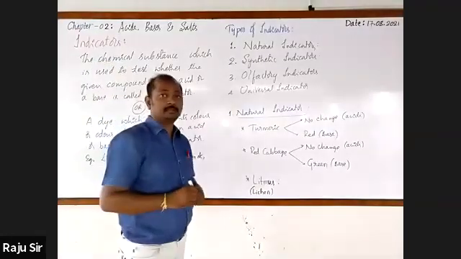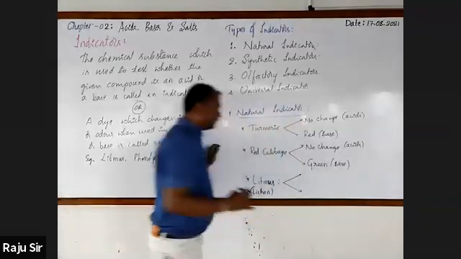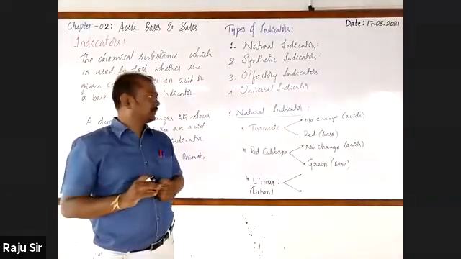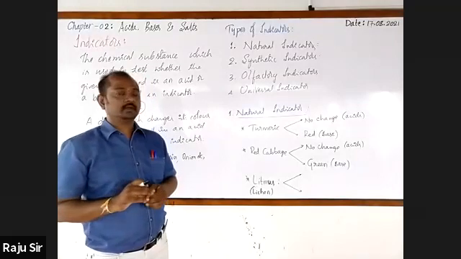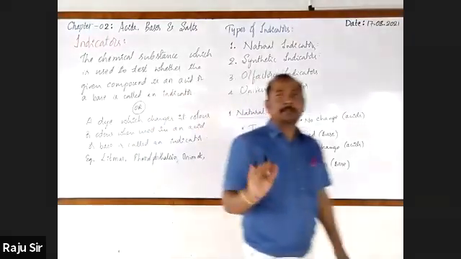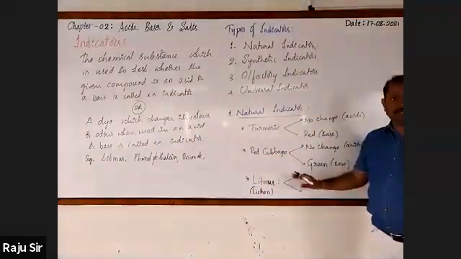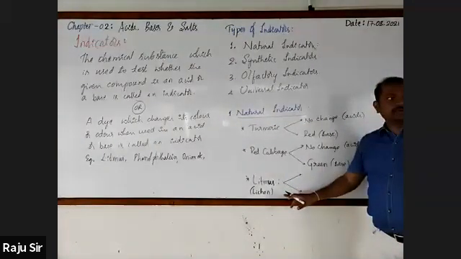Purple. The color is purple. Blue color in acid, right? Red color in base. No, you are telling in reverse order, isn't it? It is a purple color natural indicator, that is litmus, and it is obtained from the plant called lichen.